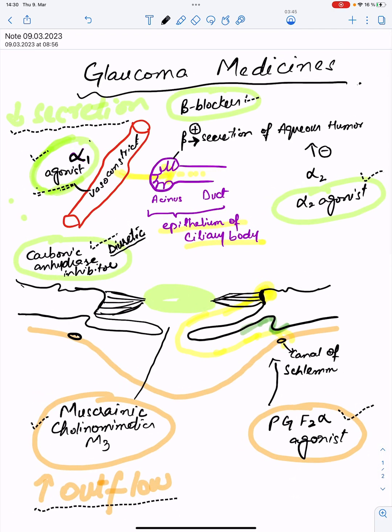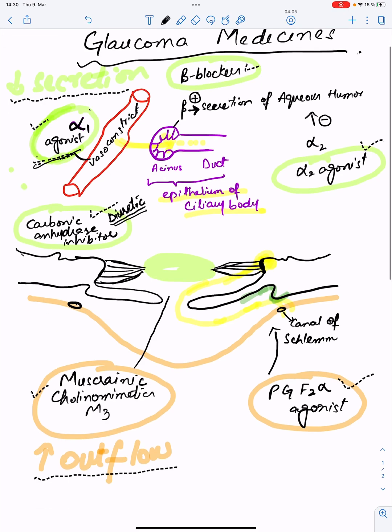So it was easy: first we reduce the secretion of the aqueous humor, either by using alpha 1 agonist that causes vasoconstriction, carbonic anhydrase inhibitor that is a diuretic, or reduce aqueous humor secretion through beta blockers or alpha 2 agonist.